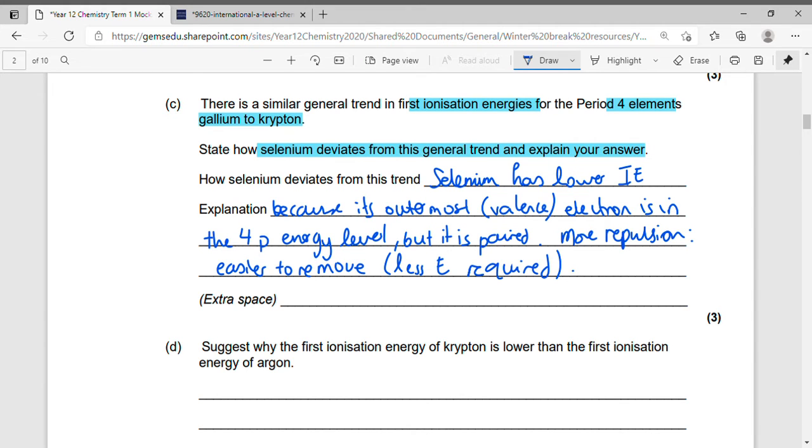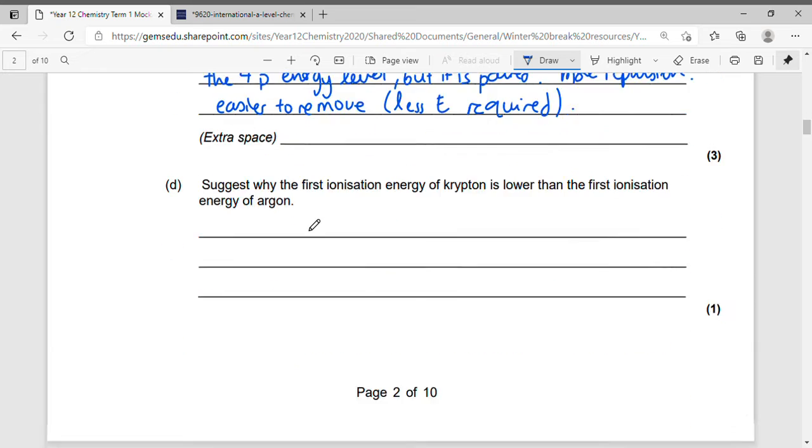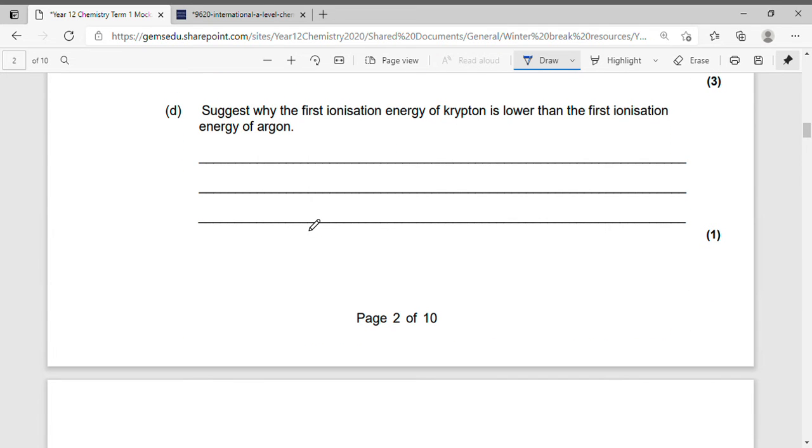So I think that answers that question. Let's move on to the next one. Suggest why the first ionization energy of krypton is lower than the first ionization energy of argon.